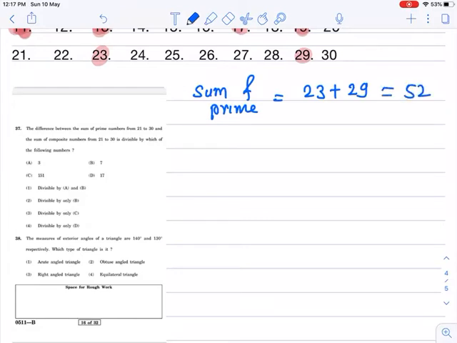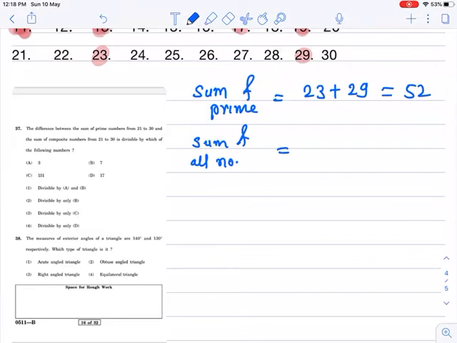At the time of the exam you don't write all this. Then the sum of composite numbers. So these are 8 composite numbers, but if we add in this way it will take more time. Instead of that you add all these 10 numbers and subtract these two numbers, 23 and 29. Already its addition is here. Now I will write here the sum of all numbers from 21 to 30.